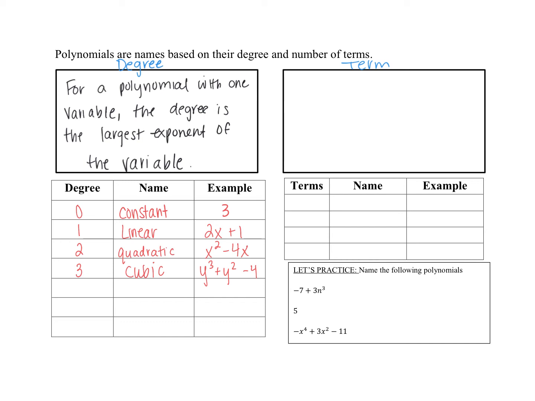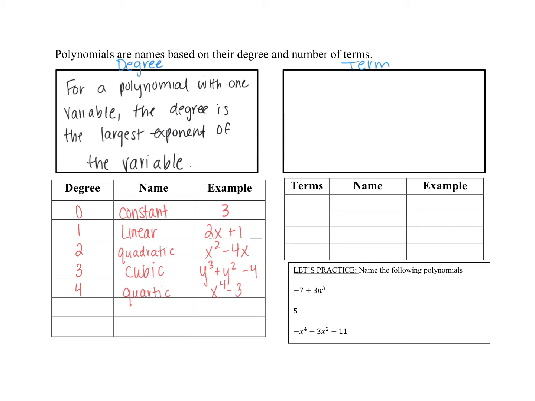Okay, and then when we move on to the degree of 4, when our biggest degree is 4, the name of it is called a quartic. Now, I know this is a tricky word, right? It's a weird word, quartic. And an example of that would look like is x to the 4th minus 3. So whenever we see an exponent of 4.